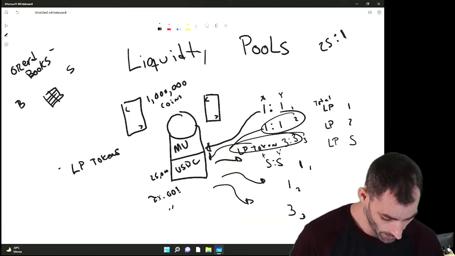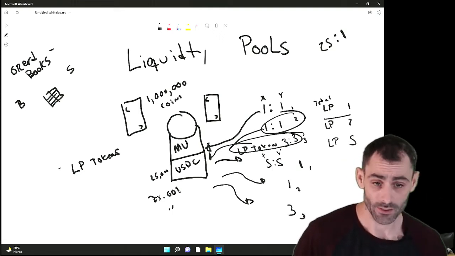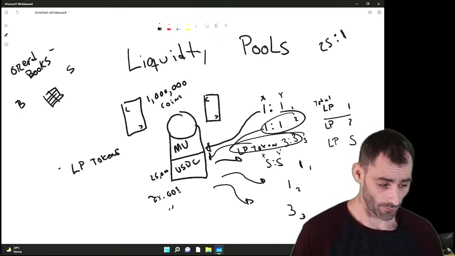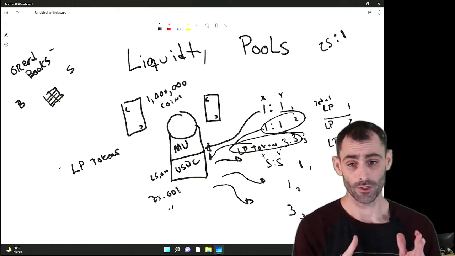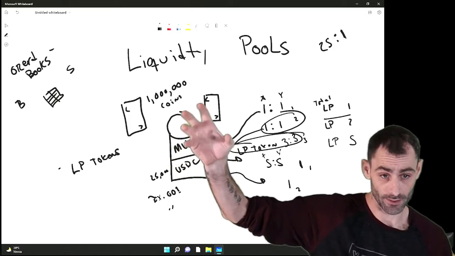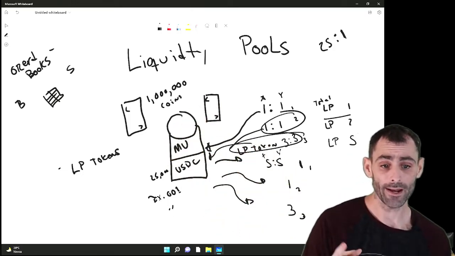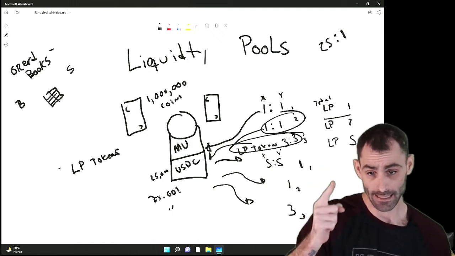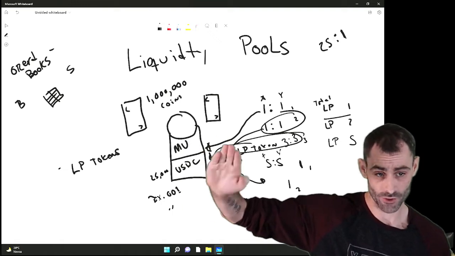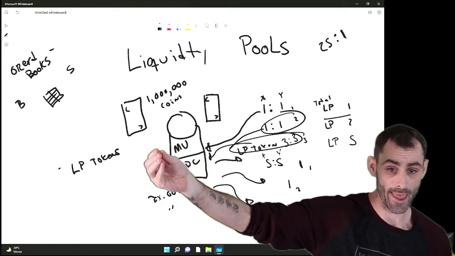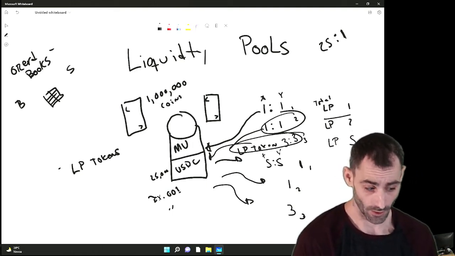So at the very beginning, there's only 1 liquidity pool token, and it's owned by 1 person, so that person owns 100% of the pool. At any time, the liquidity provider, the person who is providing the tokens to the pool for trade, can take his token and give it back to the liquidity pool. The liquidity pool will destroy that token and will send that person out their share of the liquidity.